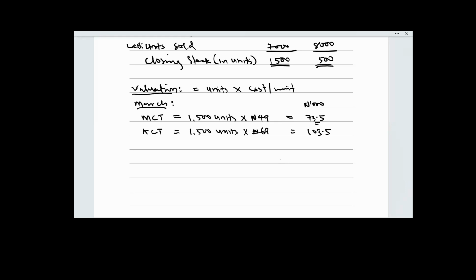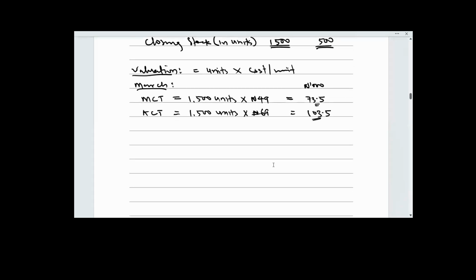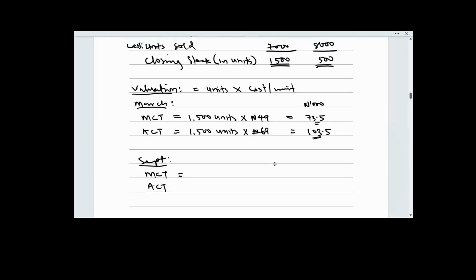Now, we move to September. Let's do everything once and for all. For September, MCT, then ACT. Under MCT, closing stock in September is 500 units, multiplied by 49 naira.